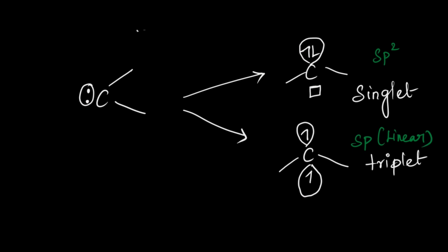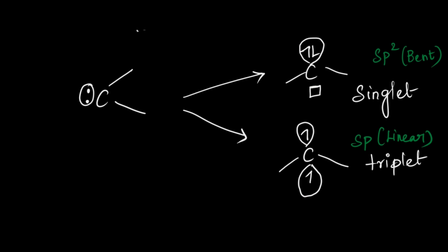If sp2, that will be a bent structure like water. This is linear, and you know about magnetic property. The singlet one is diamagnetic, and the triplet one is paramagnetic.